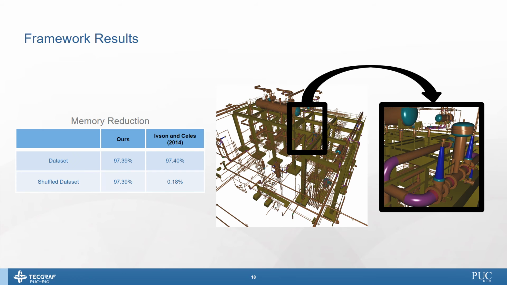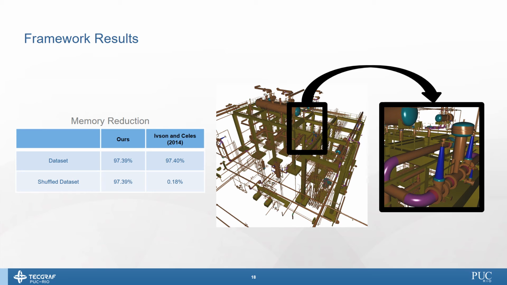For comparison, we also optimized the model using the method proposed by Ibsen and Salles, and we showed that our optimization obtained a very close result to theirs. However, during the modeling, these geometries can be modeled in different ways and by different people using different software, and these triangle meshes can have different triangulations and topology.